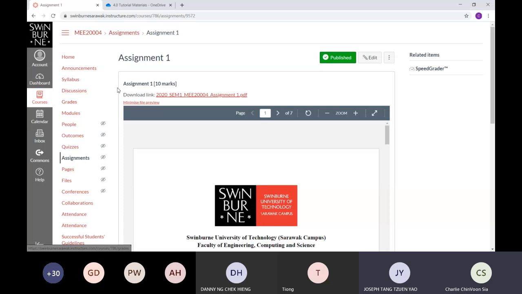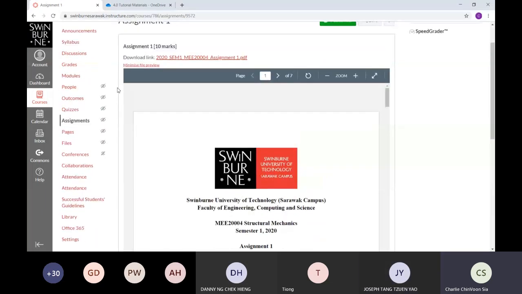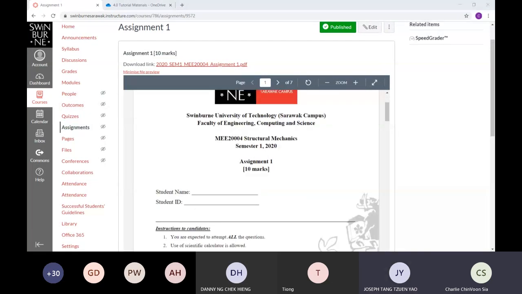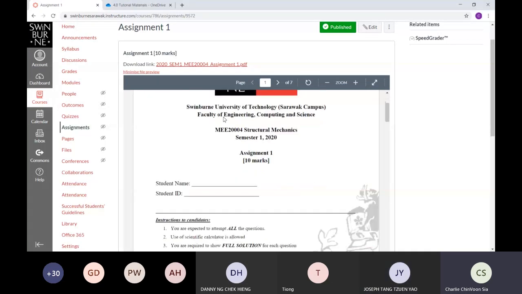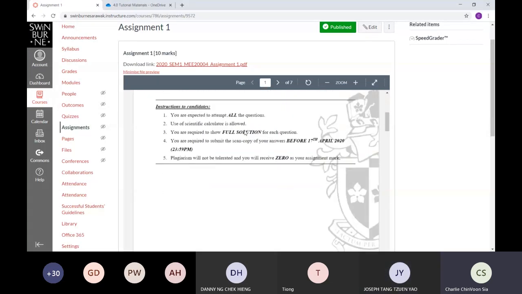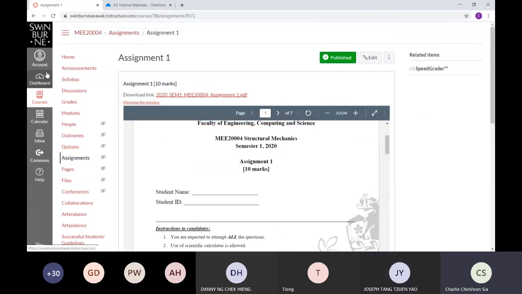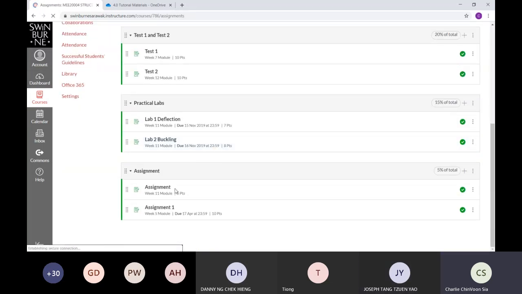For those who just joined after I discussed this, we have one online assignment that you need to do. Assignment 1 has 5 questions, and you need to attempt all questions. It is worth 10 marks. Go to Canvas and click on assignment 1.